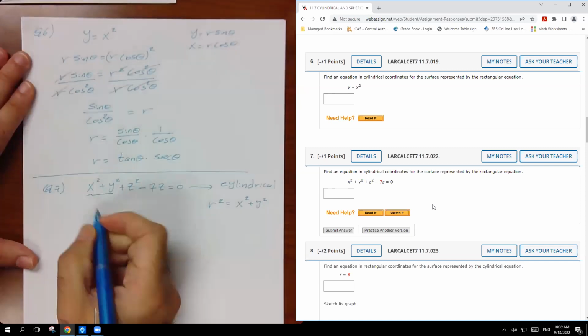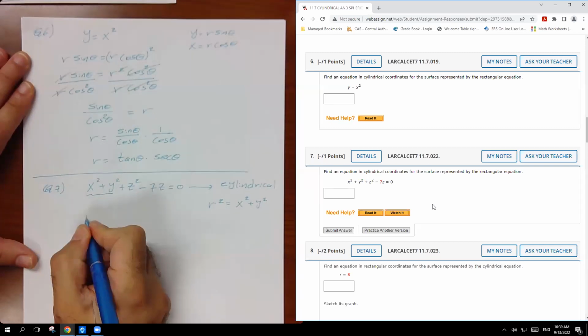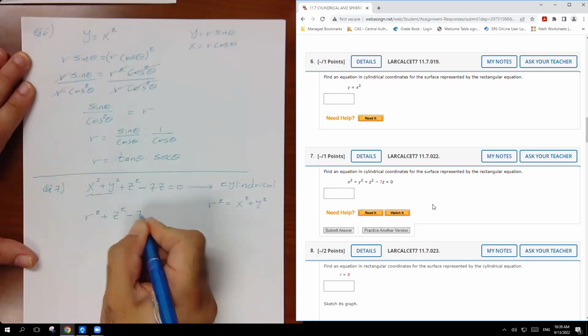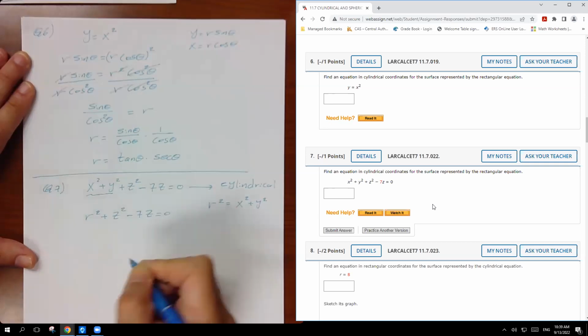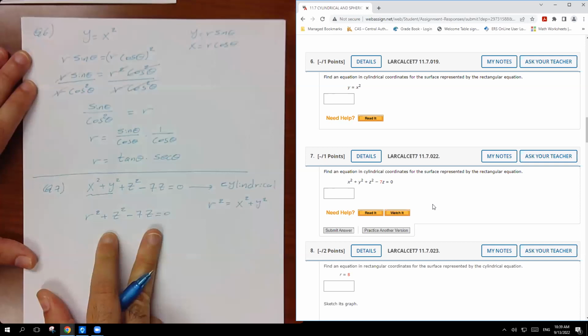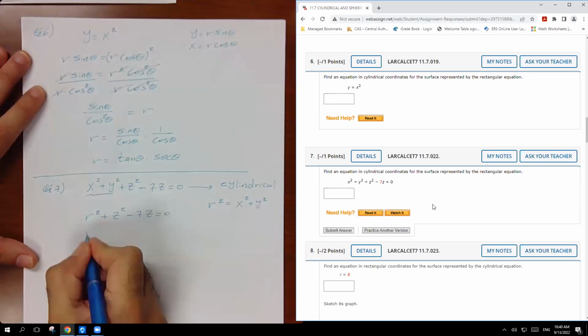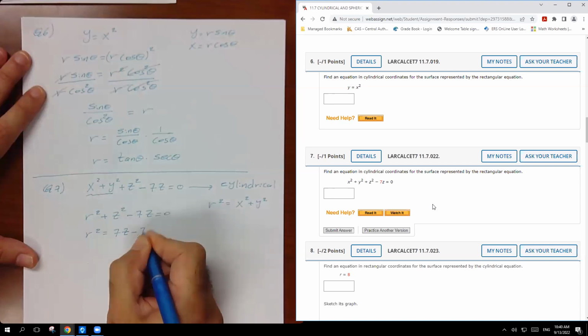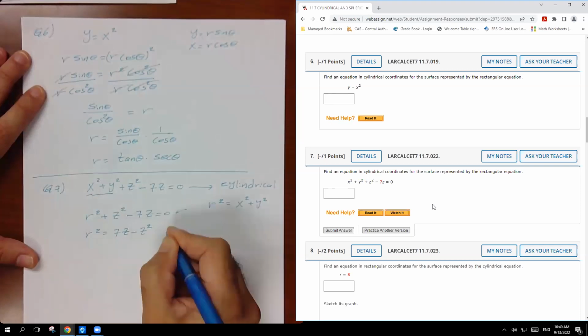That means it's going to be r squared plus z squared minus 7z equals 0. I think you can keep it like this, or you can write it as r squared equals 7z minus z squared. Both are supposed to be right.